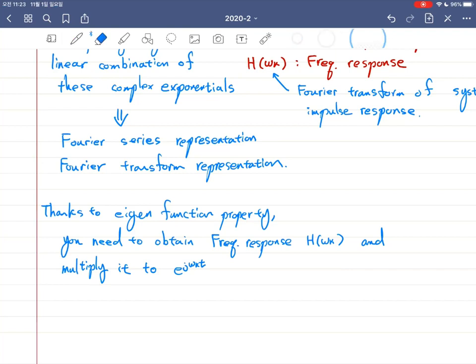I would say calculate, excuse me, multiply it to this original input for obtaining the response.